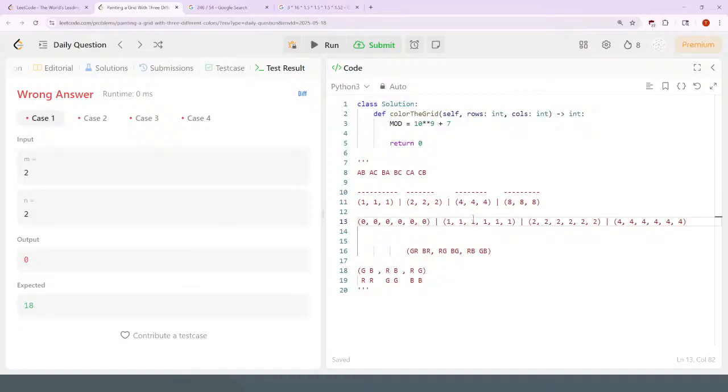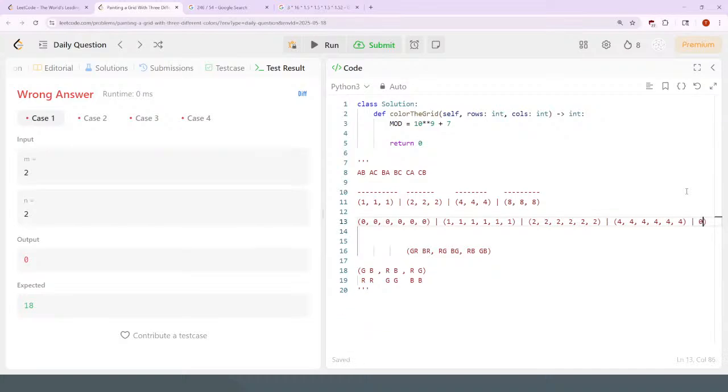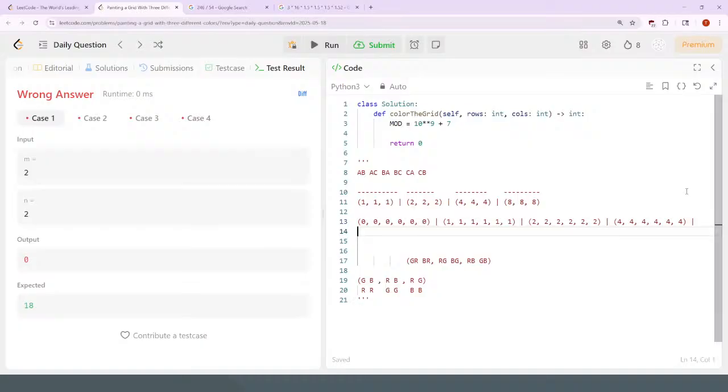And so this is 6, 12, 24. Okay, so in theory that works for one dimension. And obviously this one is similar for the second row. It's kind of like 1, 1, 1. Okay, so now this part.